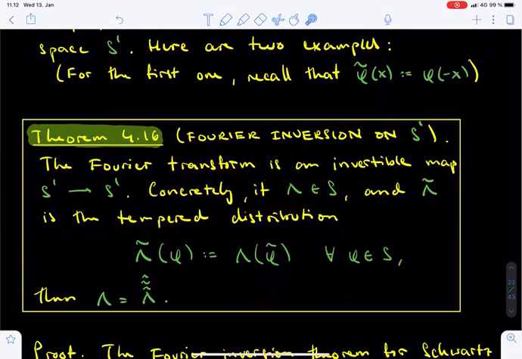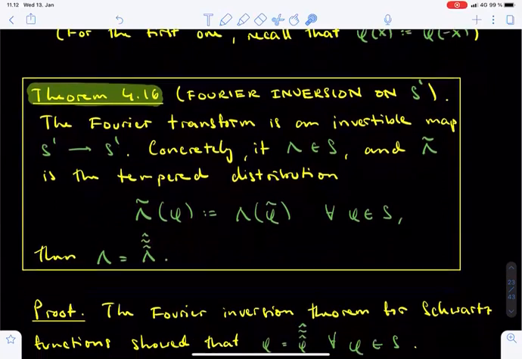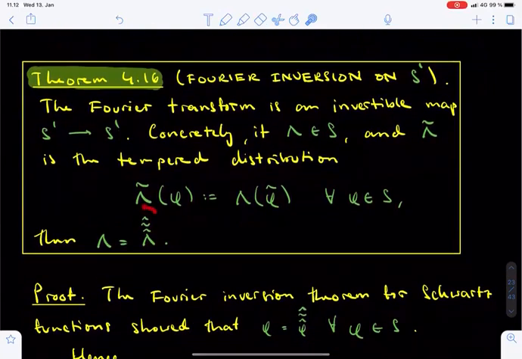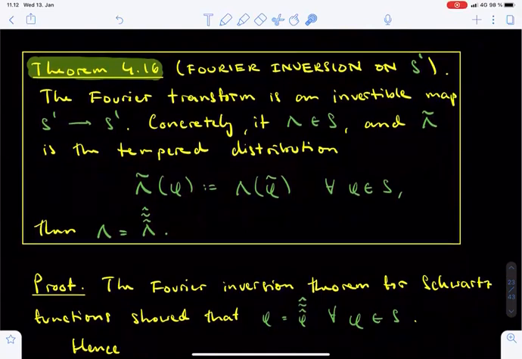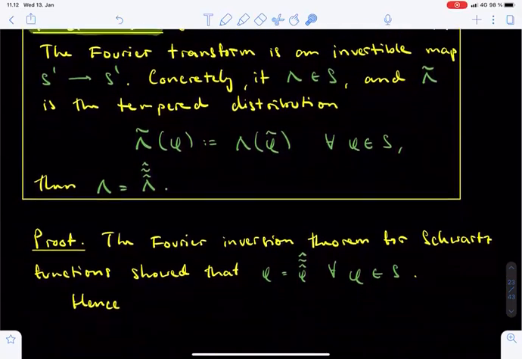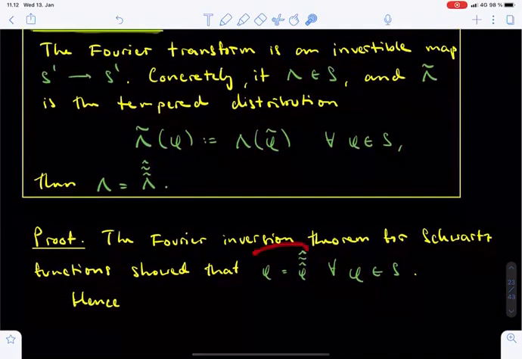With this notation, the Fourier inversion formula for the space of tempered distributions says the following. Lambda equals the Fourier transform of the distribution tilde of the Fourier transform of lambda. You might recall that this is a perfect analogy of the Fourier inversion theorem for Schwarz functions.